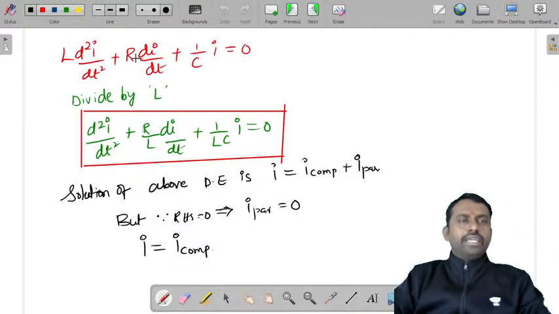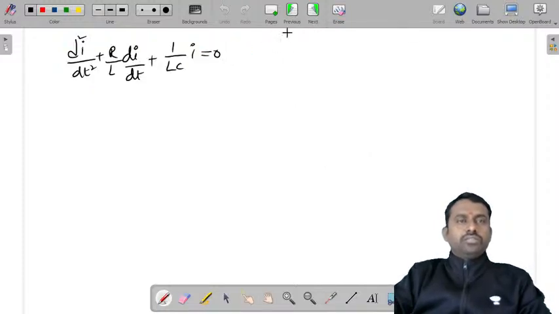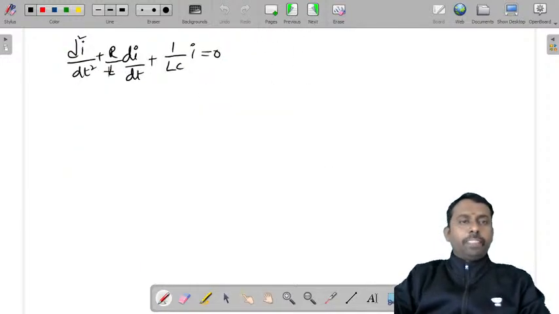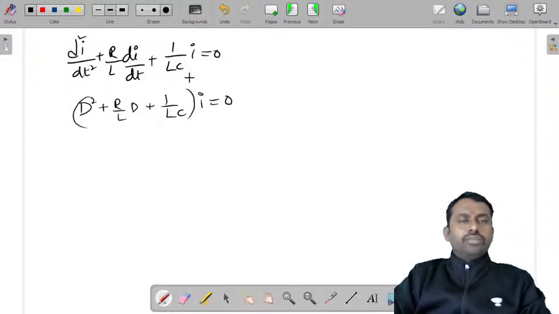We had L d square I by dt square plus R into di by dt plus 1 by C into I equal to 0, and we divided the whole equation by L. So we got this equation. Can I write this as D square plus R by L D plus 1 by LC into I is equal to 0? Yes, you can write it.